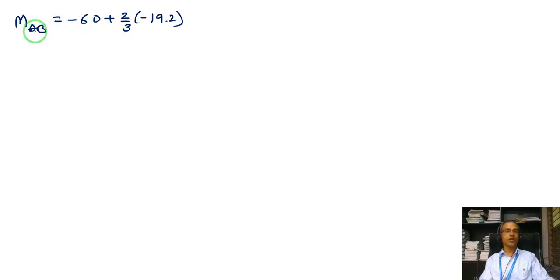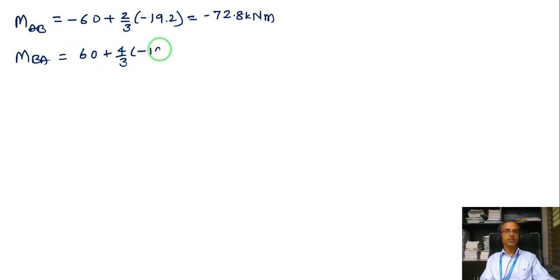Then MAB is minus 60 plus 2 by 3 into minus 19.2, where EI gets cancelled out. This gives minus 72.8 kilonewton meter. MBA gives 60 plus 4 by 3 into minus 19.2, which is 34.4 kilonewton meter.